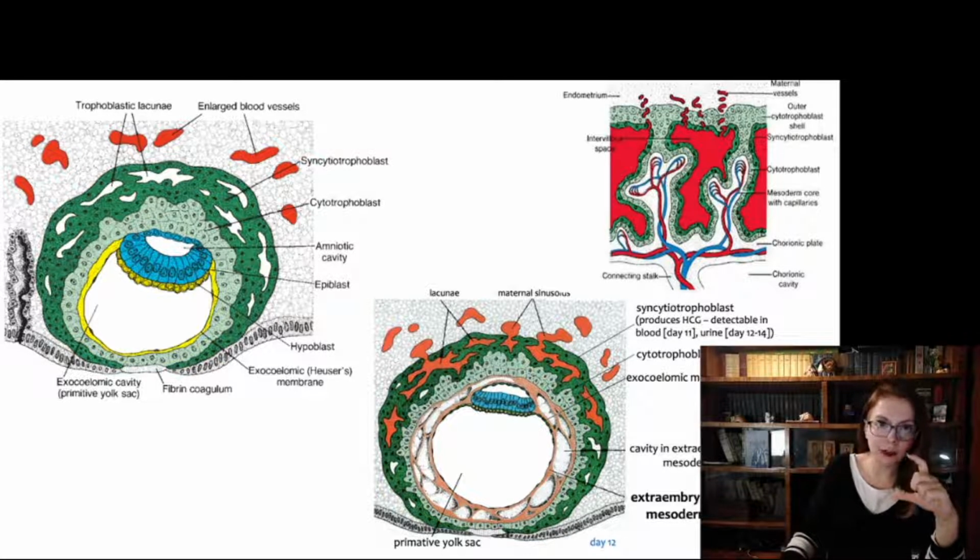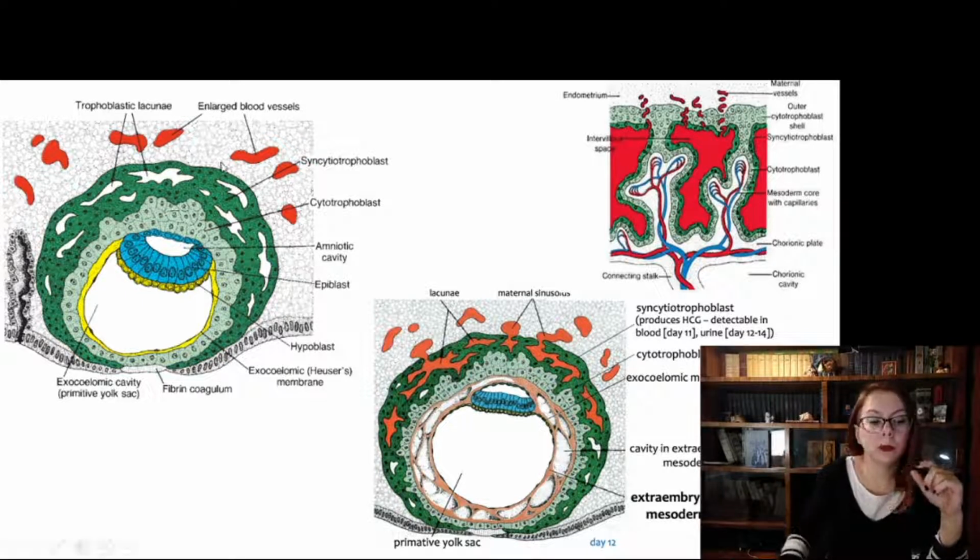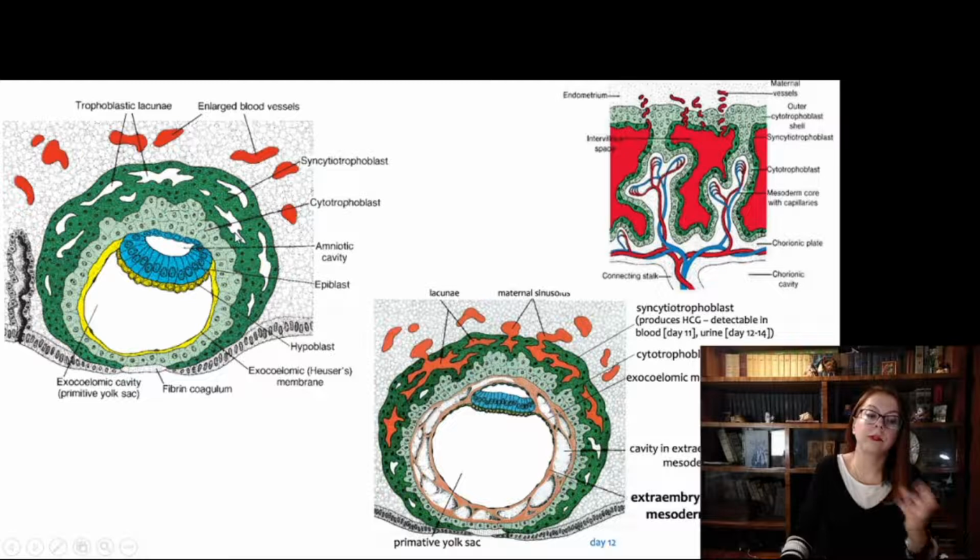And exactly the functional layer is used by the embryo as the soil. You know, if we put a seed in the soil, it forms roots. In the same way, if the embryo invades the endometrium, it forms roots and starts to get some nutrients out of there. So how those roots are formed and the steps of this process we are going to discuss today.